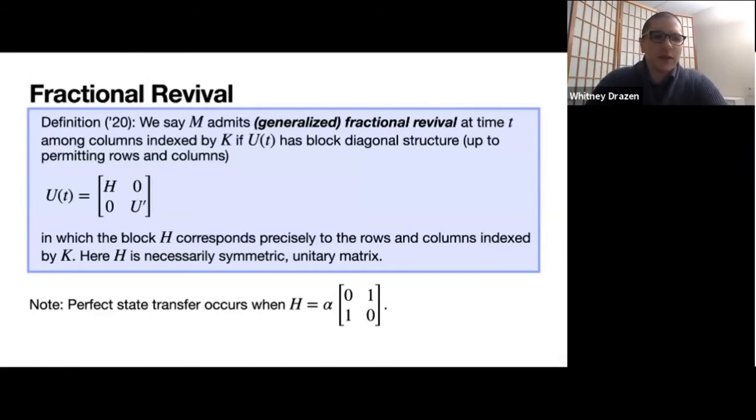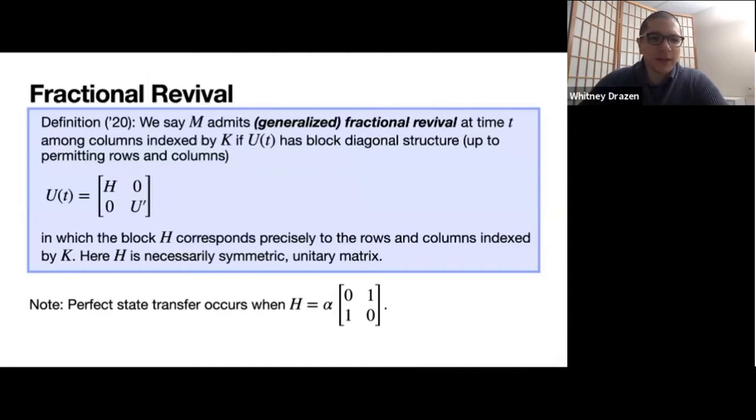So we have our upper left block corresponding to the K by K columns, and that entry is H, and then we have a lower right block corresponding to the complement of K, and the cross entries are 0.